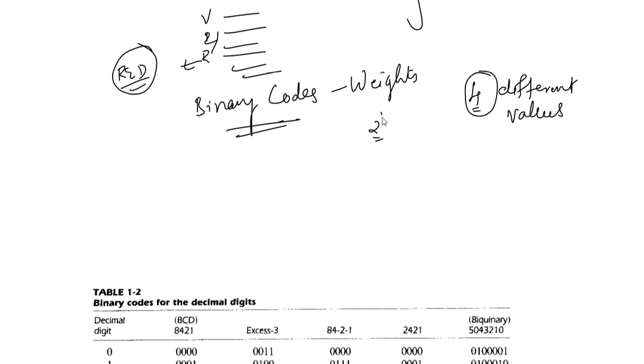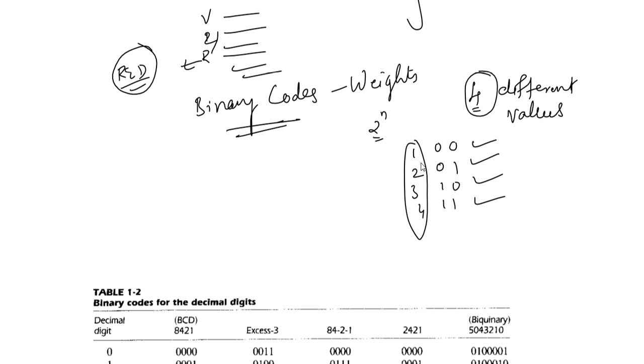Four different values, for example, may be 00 as the first, 01 the second, 10 the third, and 11. How many representations have I made? 1, 2, 3, 4, right? Total 4 representations.